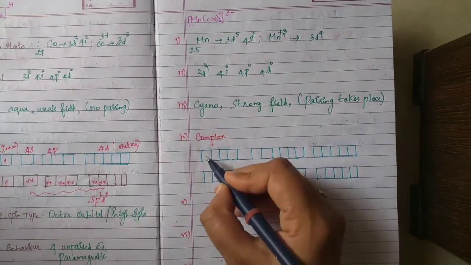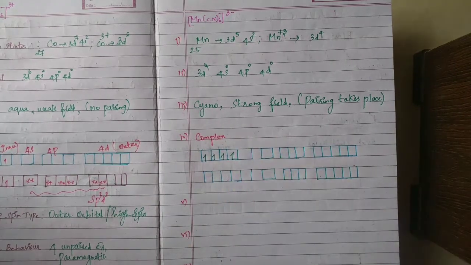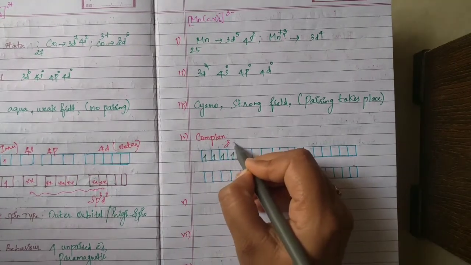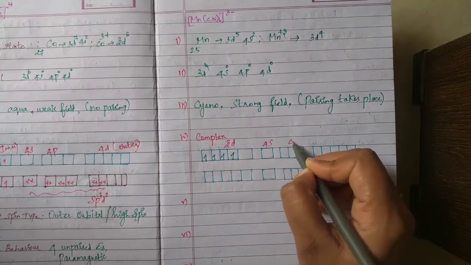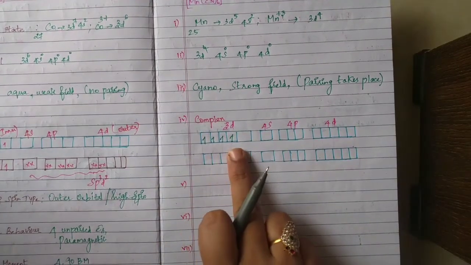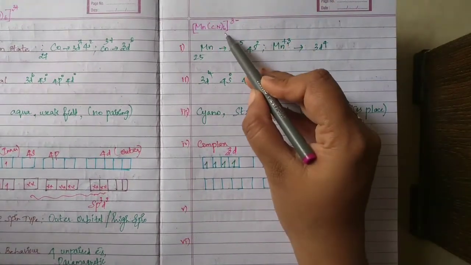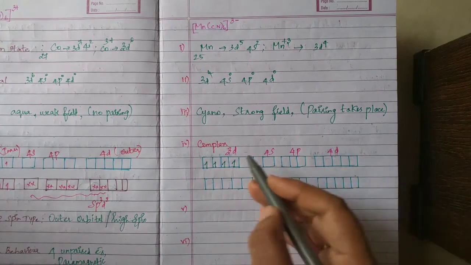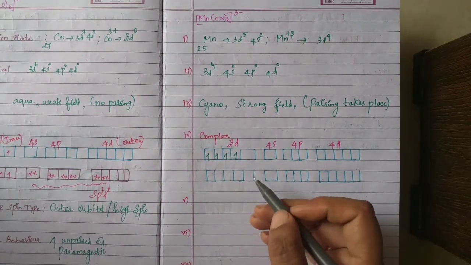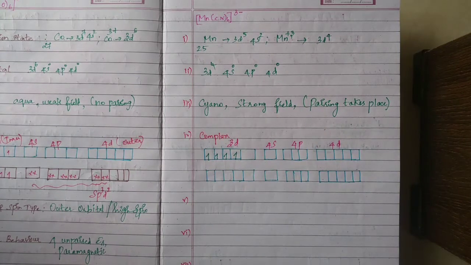See here, first you have to fill the electrons. 1, 2, 3, 4. It is the 3d orbital. This is 4s, this is 4p, 4d. 4 electrons. But see here students, cyano ligand is a strong ligand, pairing takes place. So it pairs the electron.